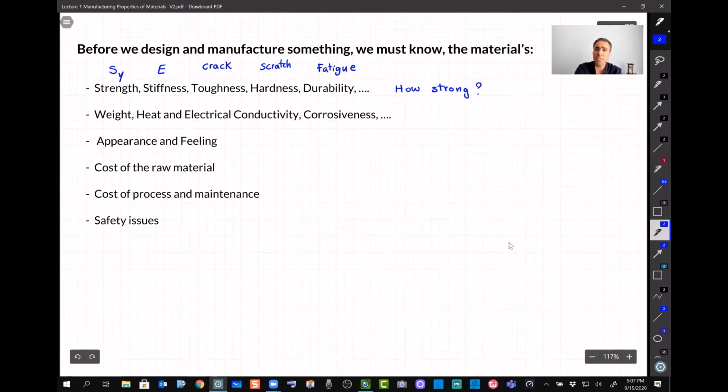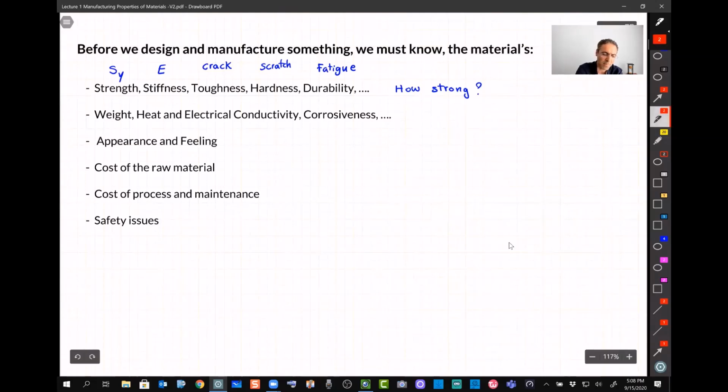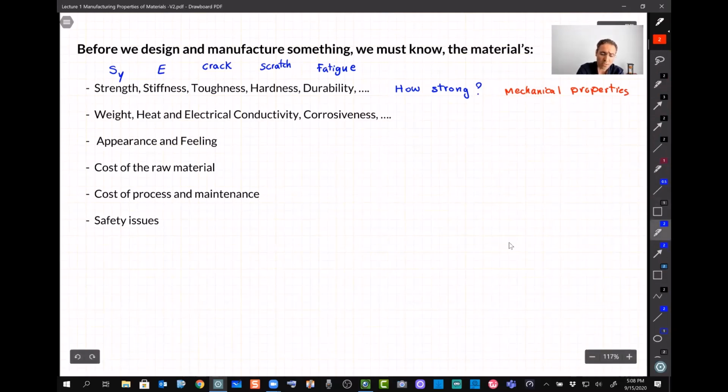So all these terms, we refer to them as mechanical properties. Also, we care about the weight of a material, like its density, about its heat and electrical conductivity.